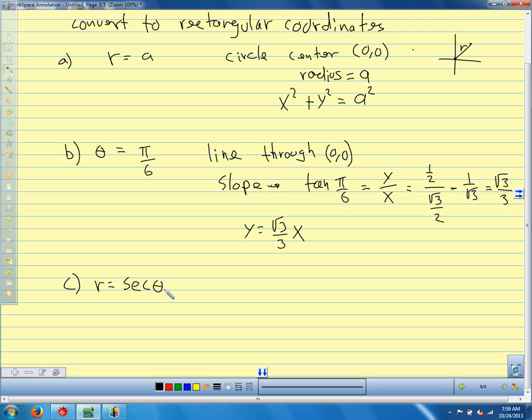Any clues here? What we would do with this? What is it? So again, Jacob? Multiply both sides by cosine theta, because our cosine theta is x.